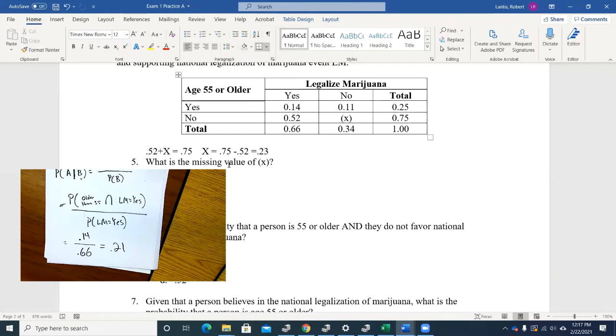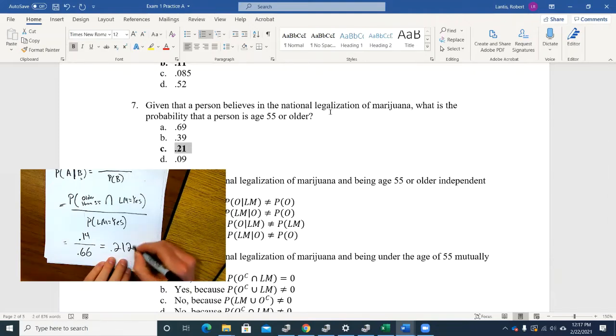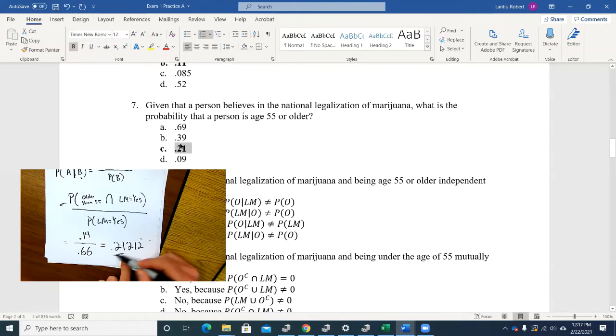Any questions on that? So if we come down here, look at all the possible answers for 7. It's approximately 0.21. Now, sometimes the exact answer would be repeated decimals. So if I only show you the answers to 2 decimals, then whatever you come up with, round it to 2 decimals. So this would round to 0.21, and that's the answer that we choose.